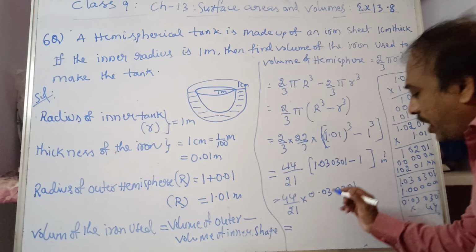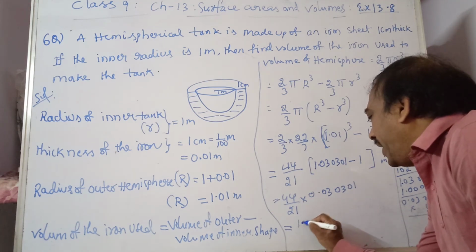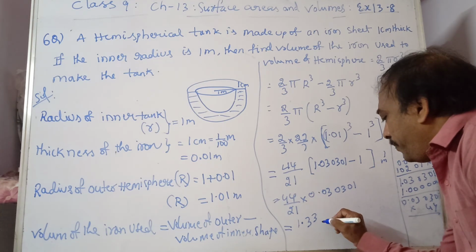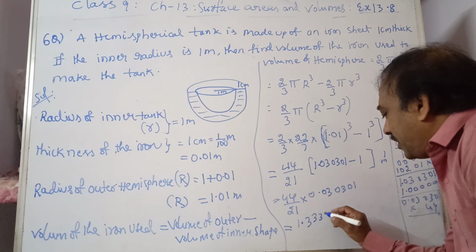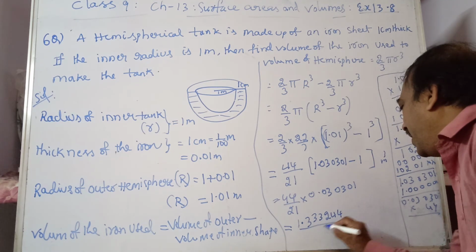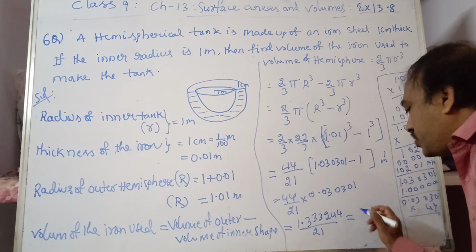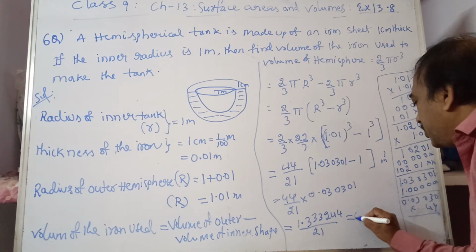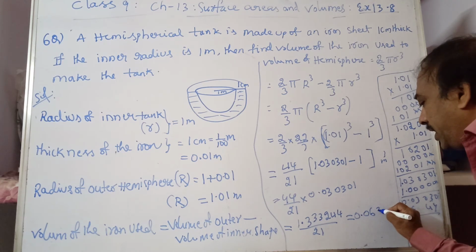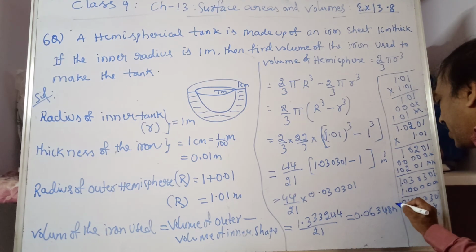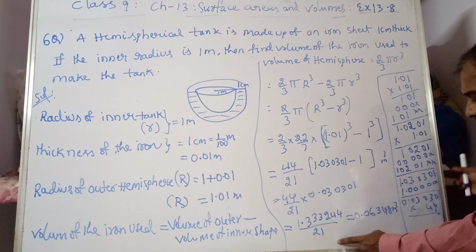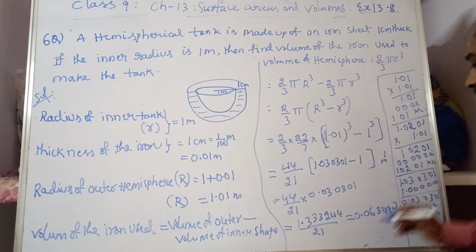If you multiply, you will be getting 1.333244 divided by 21, which approximately will give you 0.06348 meter cube. So we have to divide it. If you divide this answer by 21, it is approximately.